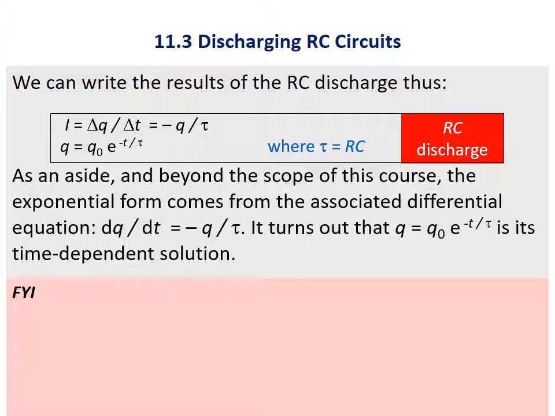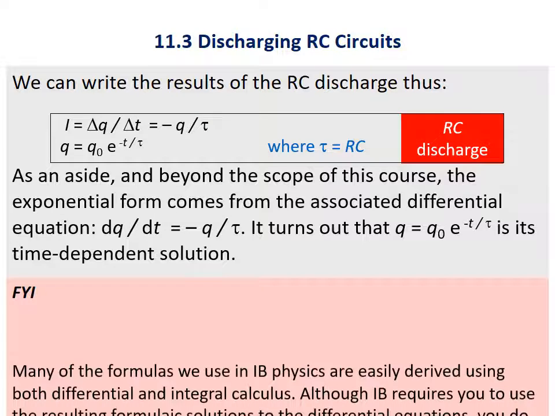As an aside, it's beyond the scope of this course: the exponential form comes from the associated differential equation dq over dt equals negative q over tau. It turns out that q equals q naught times e to the negative t over tau is its time-dependent solution.